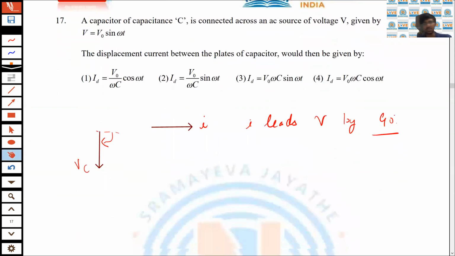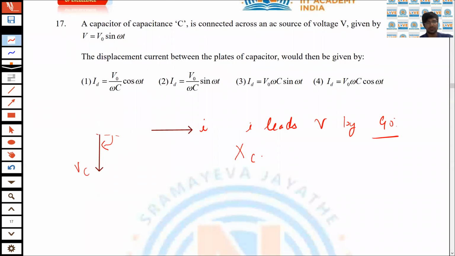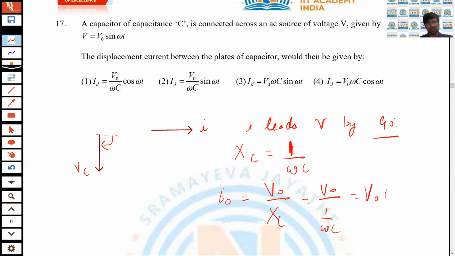So if voltage is given to us, we can find XC, which is equal to 1 by omega C, which basically means the value of I naught is V naught by XC. That means V naught by 1 by omega C, which means V naught times omega C.